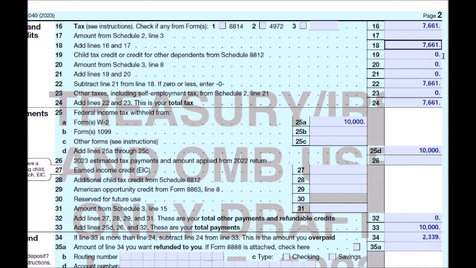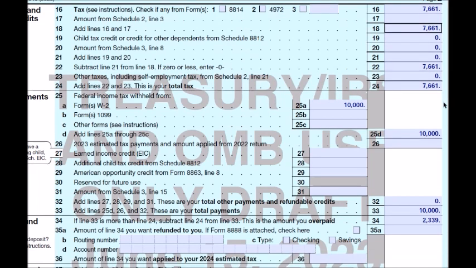No child tax credit, nothing from Schedule 3, and then line 21 is just adding line 19 and line 20, and we get 0. Line 22 is subtracting line 21 from line 18, and we get $7,661. And line 23, 0, no other taxes. And line 24 is combining line 22 and line 23. We get $7,661.